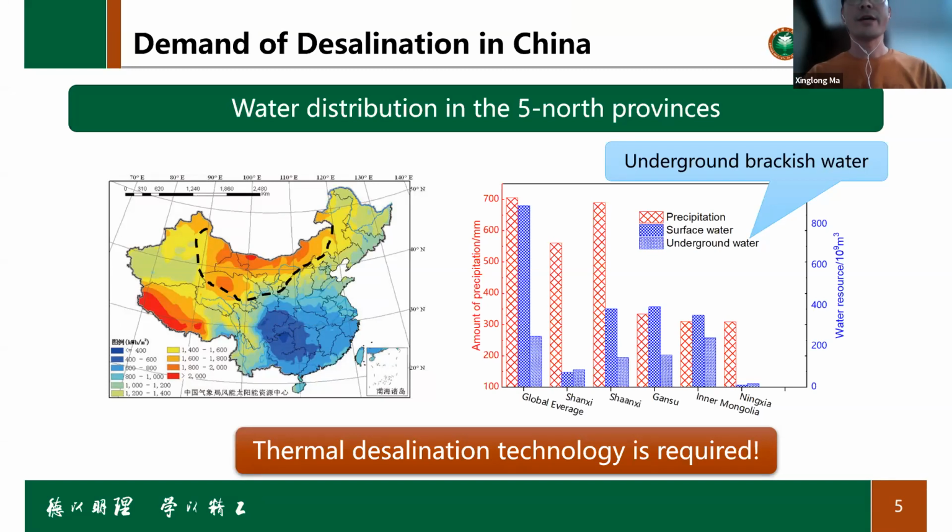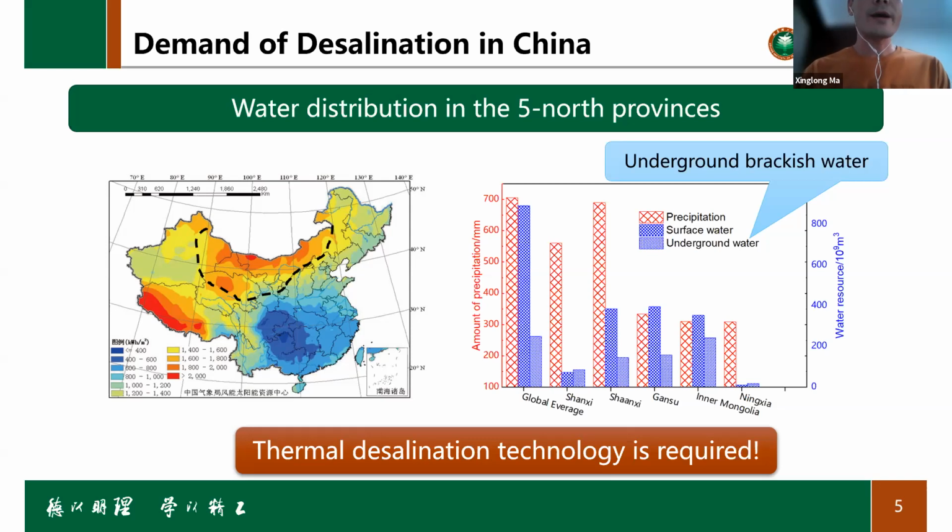These provinces have water resources that are always lower than the average global values. And the worst thing is most of the underground water is brackish water.